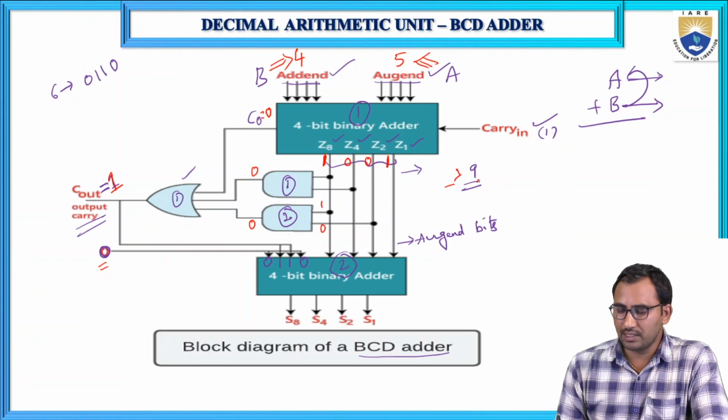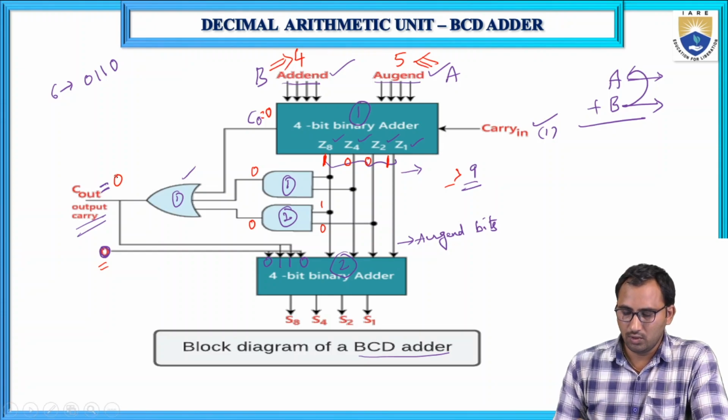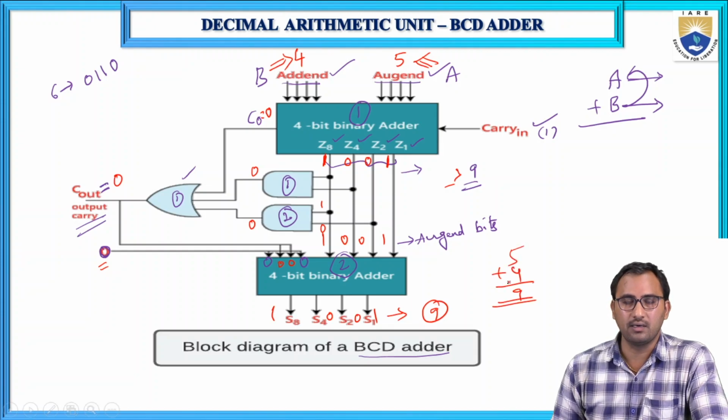But here the sum is 9, so there is no need to add 6. That is why Cout will be 0, which means we are adding all zeros. If you add all zeros to 1001, finally you get the same number 1001, which is equal to 9. So 5 plus 4 is 9, and we got the correct answer.